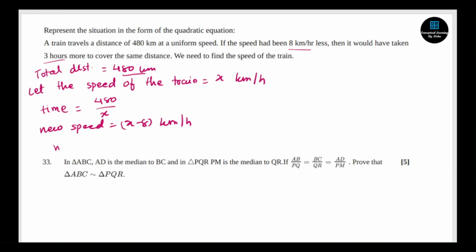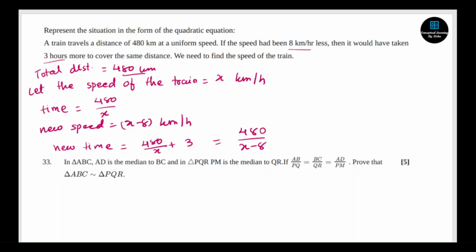So the new time is 3 hours more than whatever time was taken. So 480 upon x plus 3. And this is the same as 480 upon x minus 8 also.